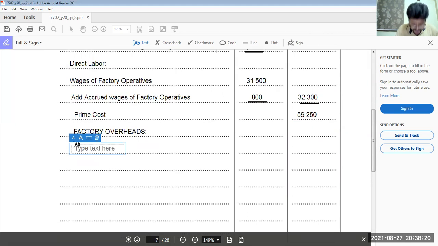General expenses of the factory, 3,250. Done. Okay. Second.